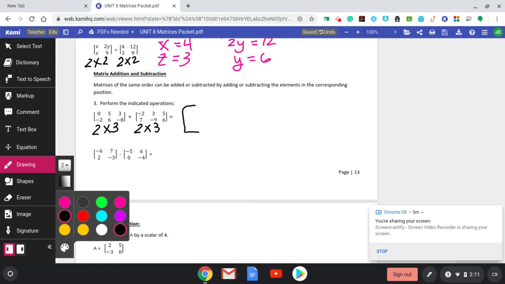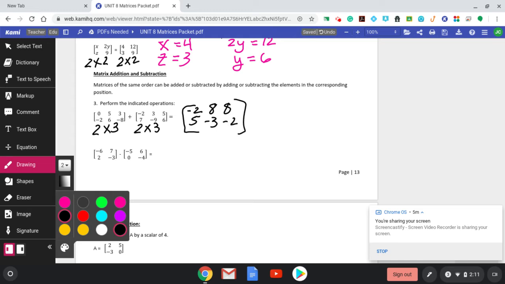So 0 plus -2. And I'm going to go across here in the row. 5 plus 3, 3 plus 5, -2 plus 7, 6 plus -9, and -8 plus 6. There it is. Again, I can only add or subtract if they have the same order.